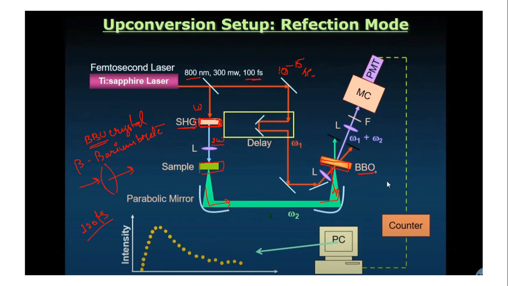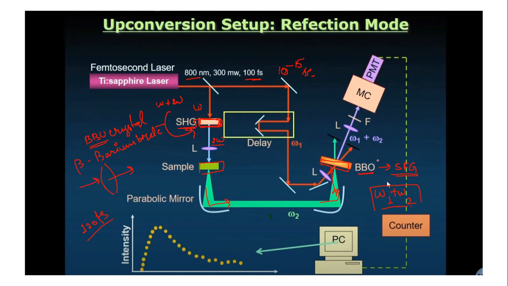And what this BBO was working as here is SFG, sum frequency generation material. Unlike the earlier case, it sums up two frequencies which are different from each other, omega 1 and omega 2. Earlier the frequencies had equal value, omega plus omega giving 2 omega.